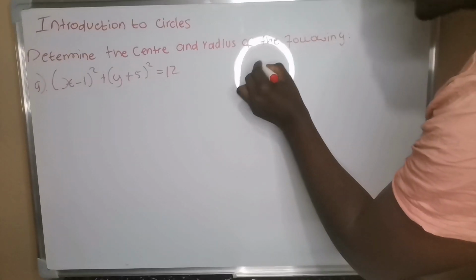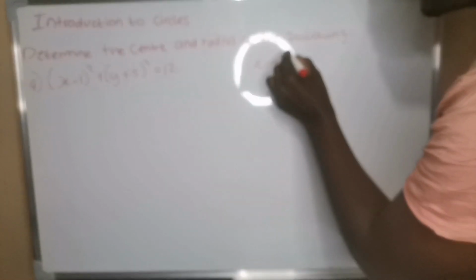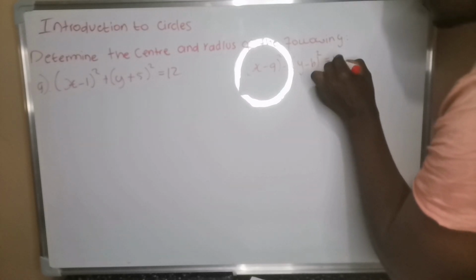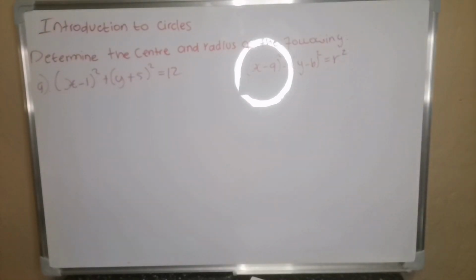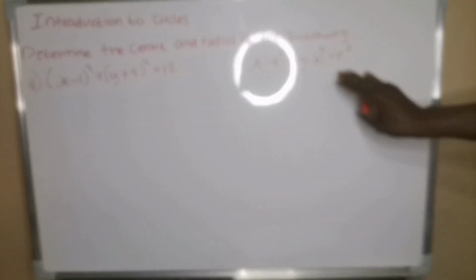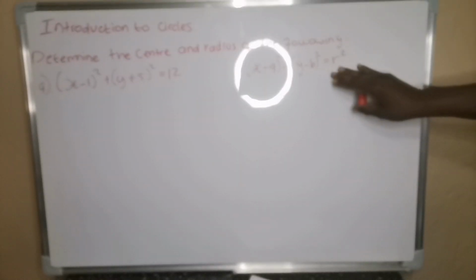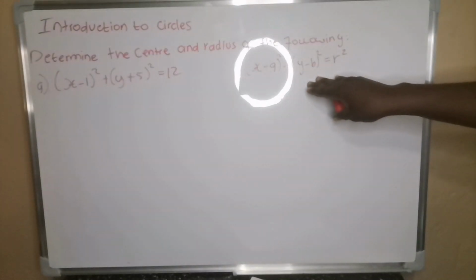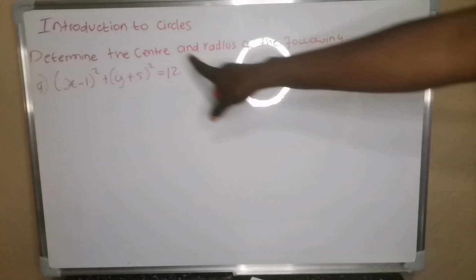What is our standard form? x minus a squared plus y minus b squared is equal to r squared. If you can see this equation, our standard form is the same as this one.